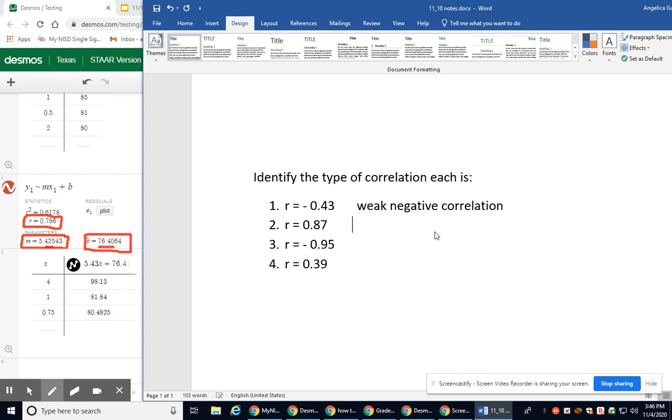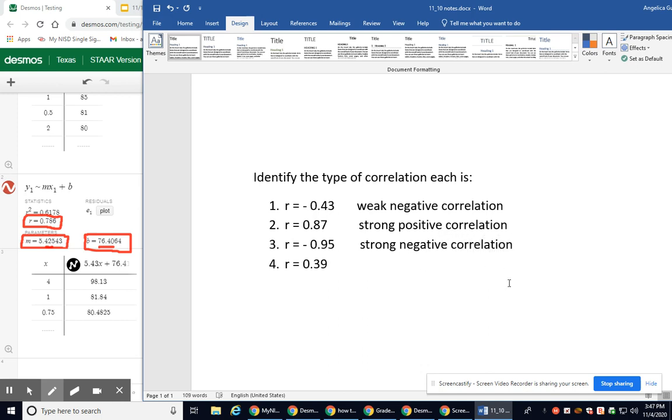If we have something like R equals 0.87, well, that's closer to 1. That's showing a strong positive correlation. If we have something like negative 0.95, well, negative 0.95 is closer to negative 1, so this would be a strong negative correlation.